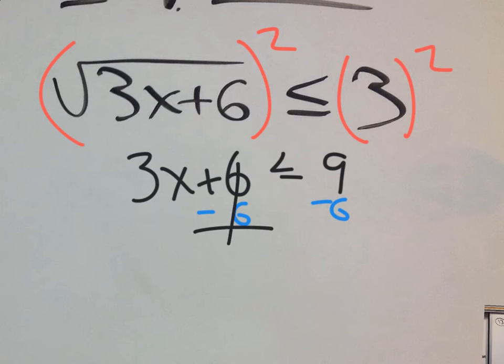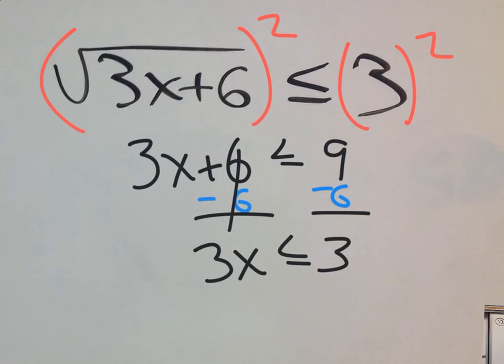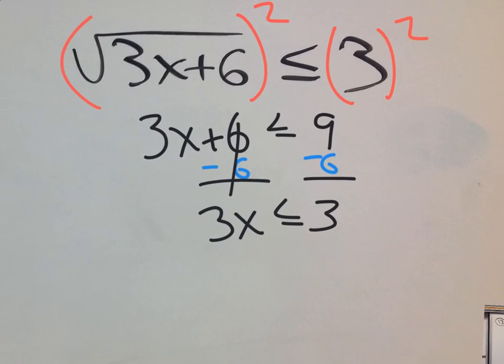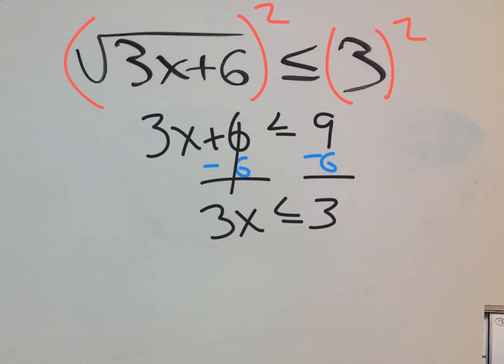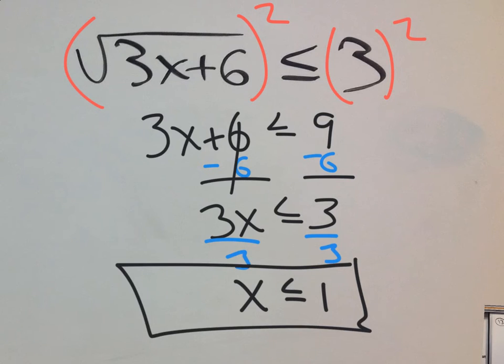Anyhow, these guys cancel, and you end up with 3x less than or equal to 3. And let's continue to solve here. We're going to divide by 3 on both sides, and you end up with x is less than or equal to 1. Now you're thinking that that's your answer right there, okay?